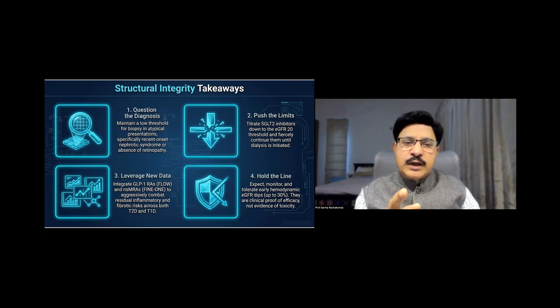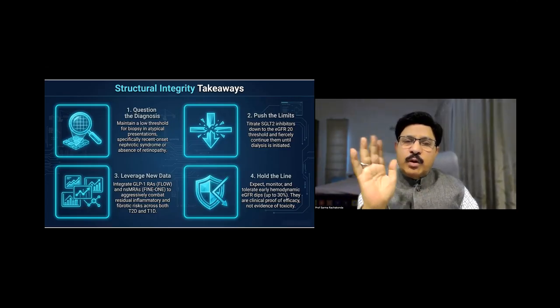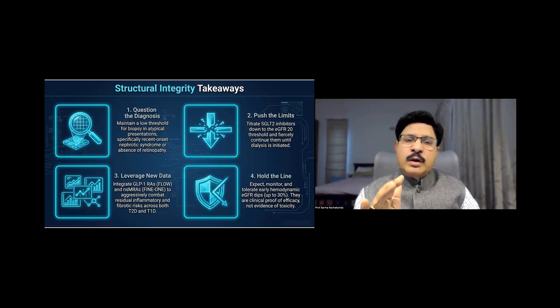Recent onset of nephrotic syndrome, rapidly progressive course, absence of retinopathy, elderly people, female patient: beware of non-proteinuric diabetic nephropathy. The only way to diagnose is a renal biopsy. So, your threshold for renal biopsy should be lower.